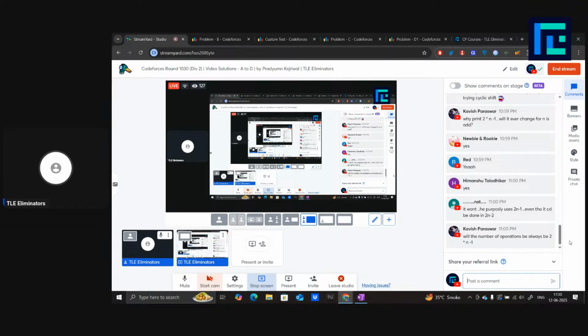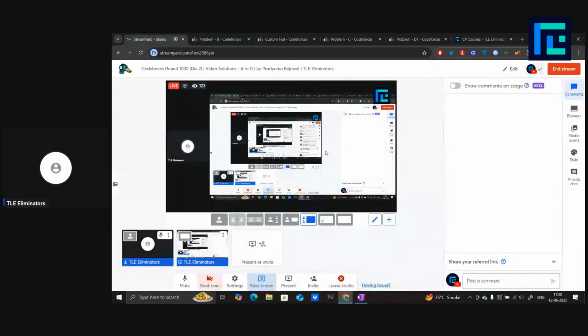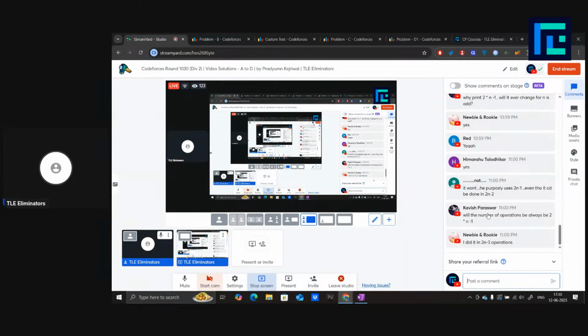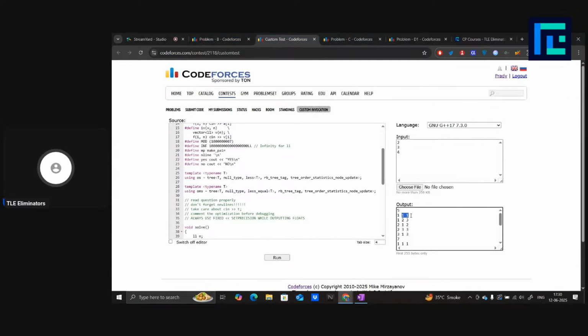In my algorithm, as you can see, for 3, it printed 5 operations. So I printed 5. You can do it in fewer also, because this operation 1 to 1 is just useless. Reversing from 1 to 1 is useless. Reversing one element doesn't make sense at all. You can do it, but it doesn't do any useful work. And this 3 to 3 as well, you can skip.